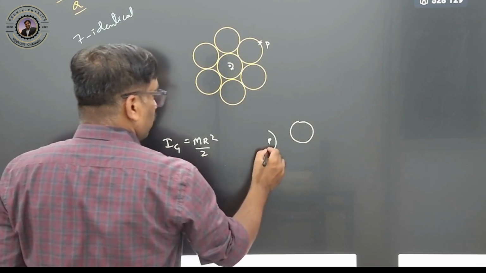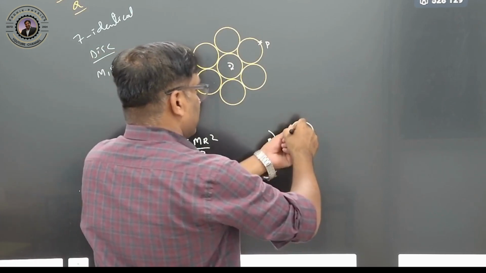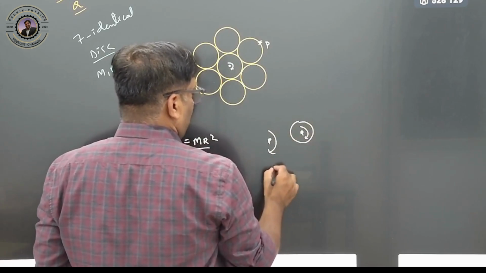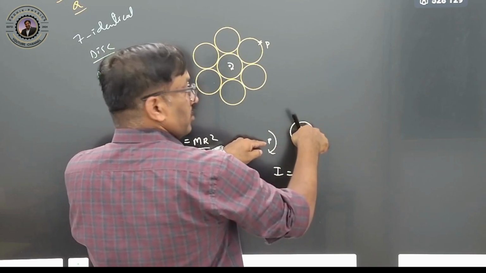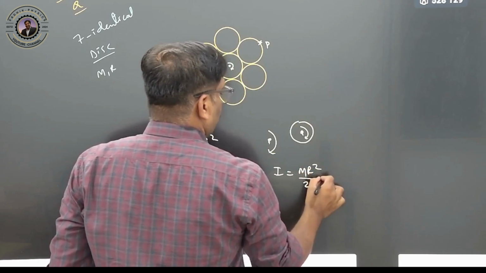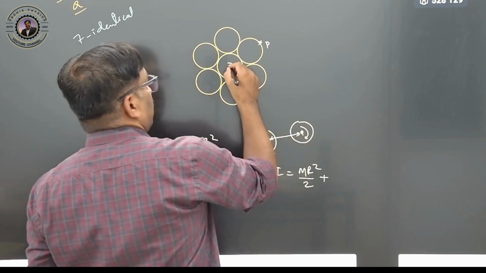So how to use it now? Here also, this will be the Ig for this part. So we can use the parallel axis theorem here. I is equal to Ig, that is mr square by 2, plus m times the perpendicular distance squared. What is the distance from here to here?